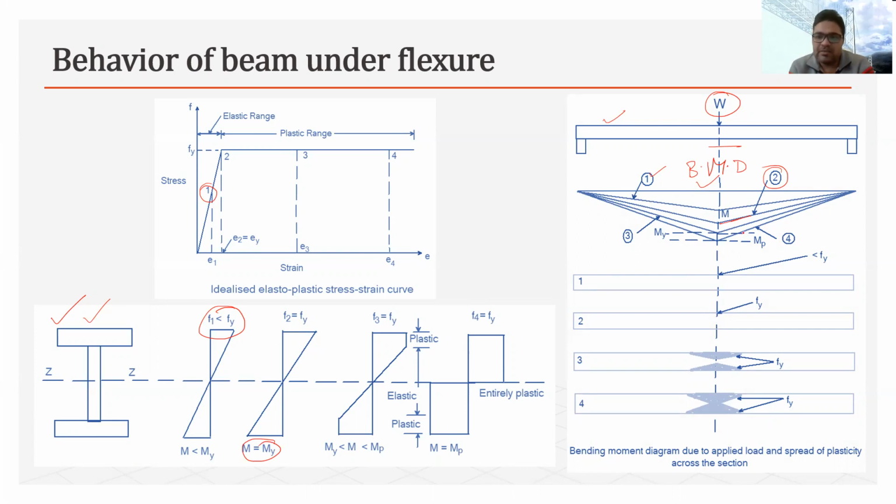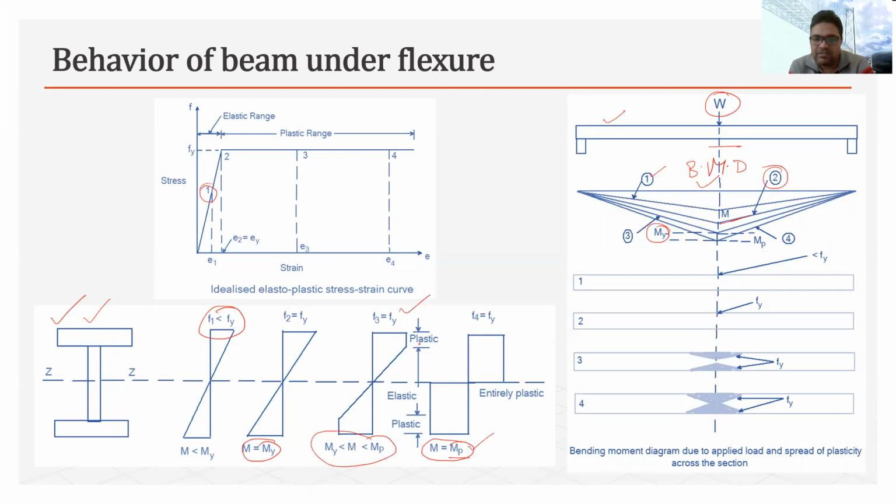Similarly on further increment, the M value is between My and MP. And finally, when the whole section becomes plastic, the moment of resistance becomes equivalent to the MP. And at this stage you can see, at the third point, some part is plastic and some part is elastic.